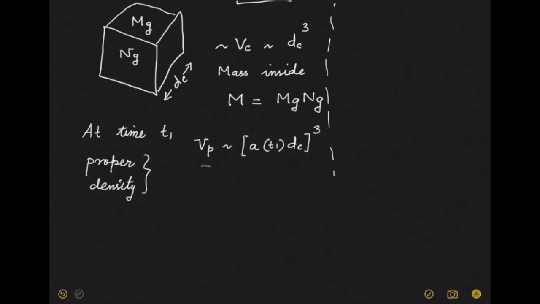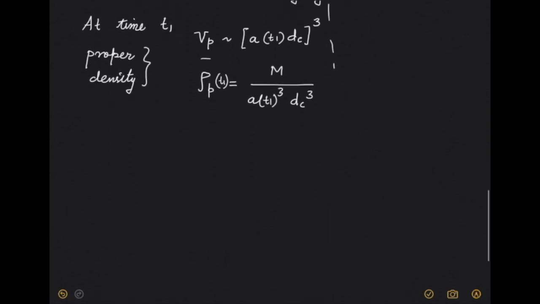So the proper volume corresponding to this co-moving volume is a(t1) times dc, cubed. So the proper density will be m by a(t1) cubed times dc cubed, and this is the proper density at t1.